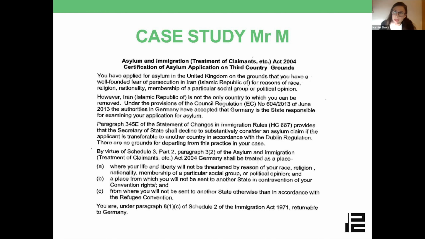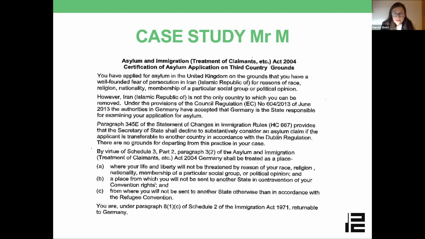So Ben's already shown you that the transitional regulations, the exit regs, only apply to requests to the United Kingdom. The indication from the Home Office, remember Mr. Heppel, is that they will not have the power to transfer under Dublin after 31st of December. And I think that has to be right. And here's why. If we look at this third country certification, the decision was made with reference to 345E, which is the Dublin rule.